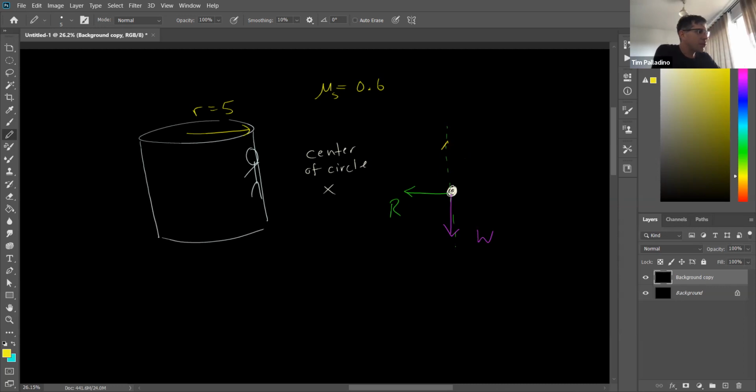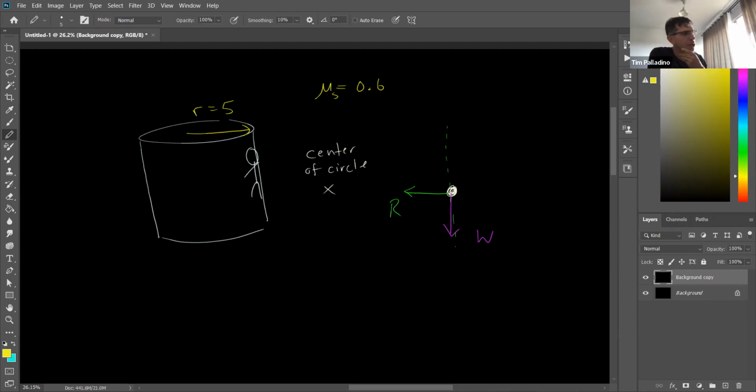The normal force, the R here, comes from the wall. So the wall is literally pushing the person towards the center of the cylinder. There are no other forces acting in the X direction. It's just the wall, and that wall is your centripetal force.